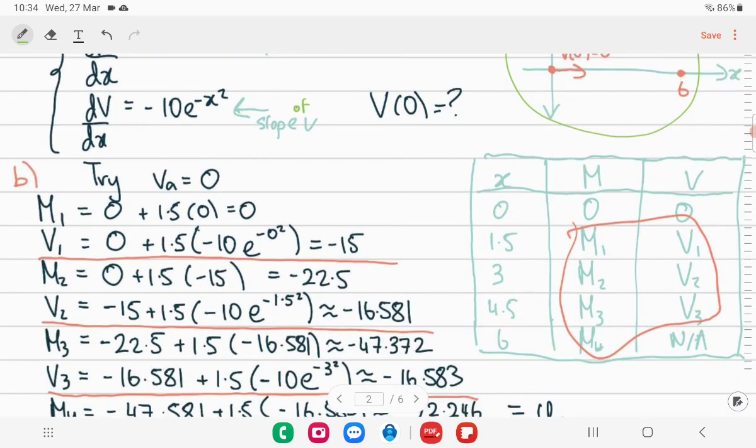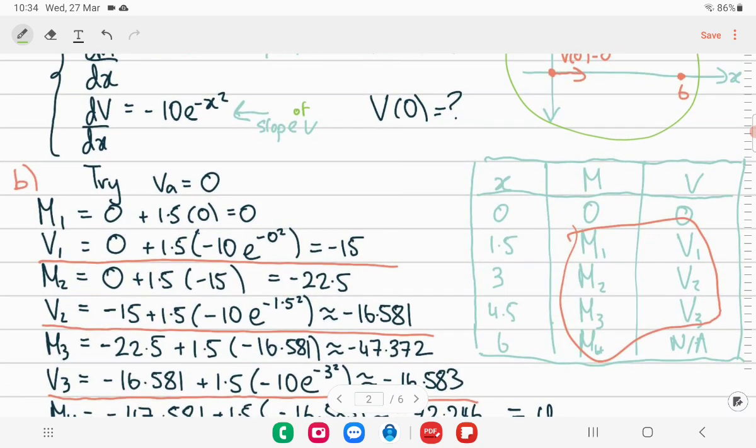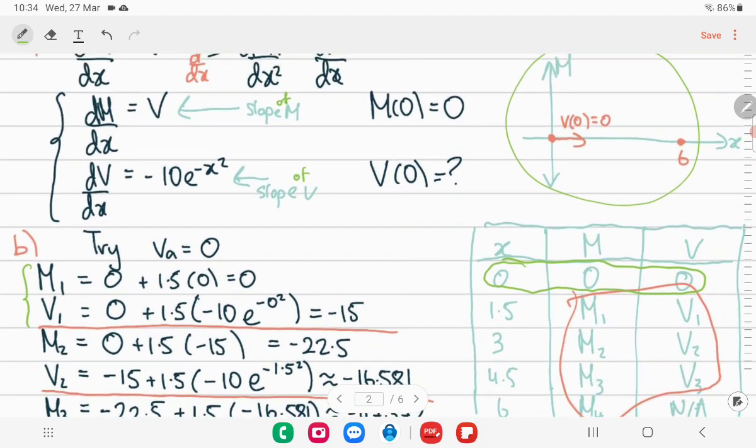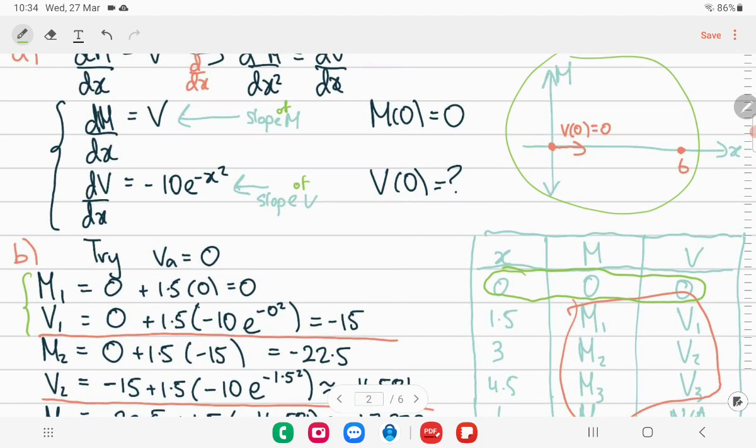So this is what this table is kind of telling us, that we have the initial situation, we've guessed v equals 0, and we need to do 1, 2, 3, 4 steps of Euler's method. And there's 2 slopes, so we need 2 Euler methods. So here you see the first 2 Euler methods, and notice how they work.